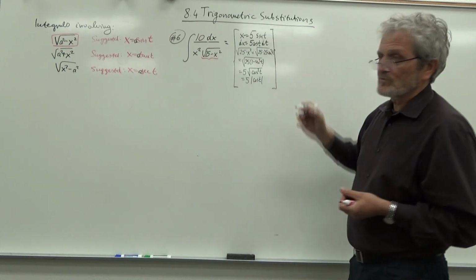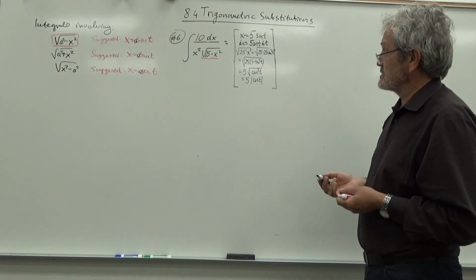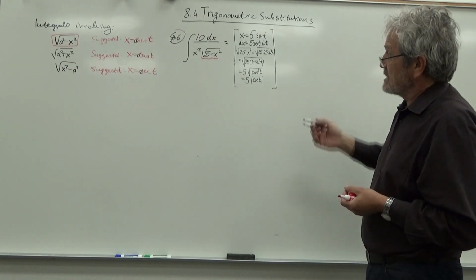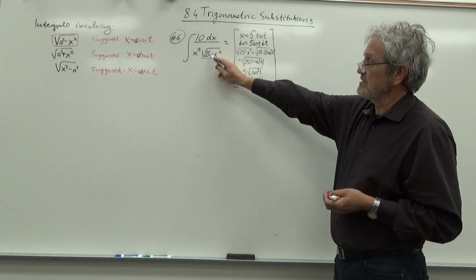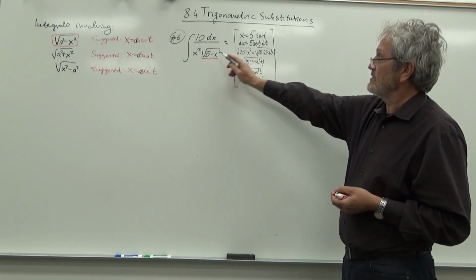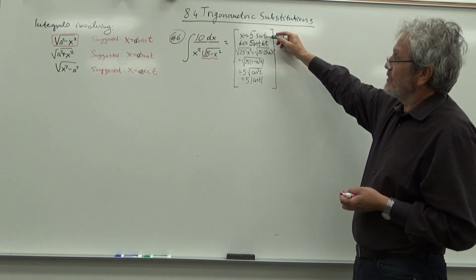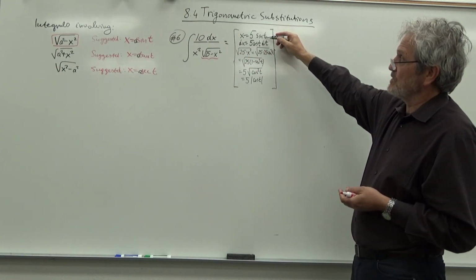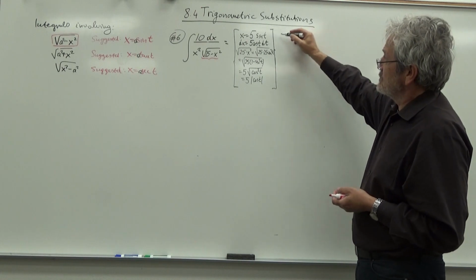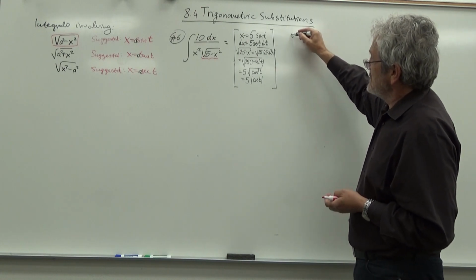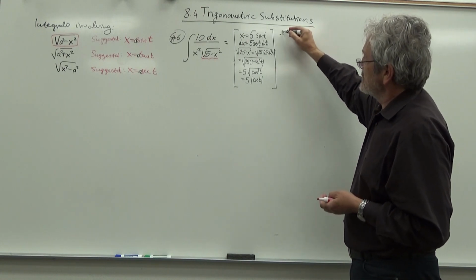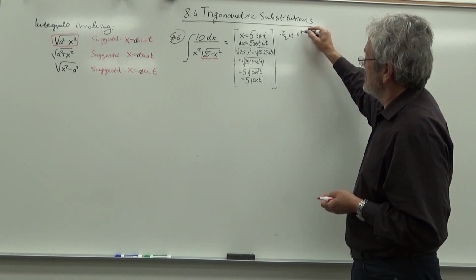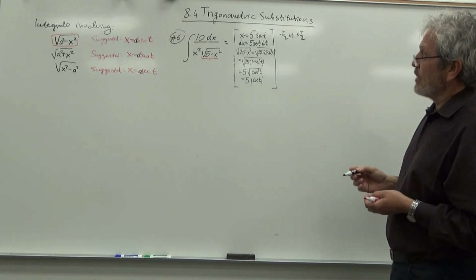We don't have to try all possible values of t, just those that can cover, because this expression exists when x is between -5 and 5. So I want enough t's that cover everything between -5 and 5. Normally we take t between -π/2 and π/2. Why?